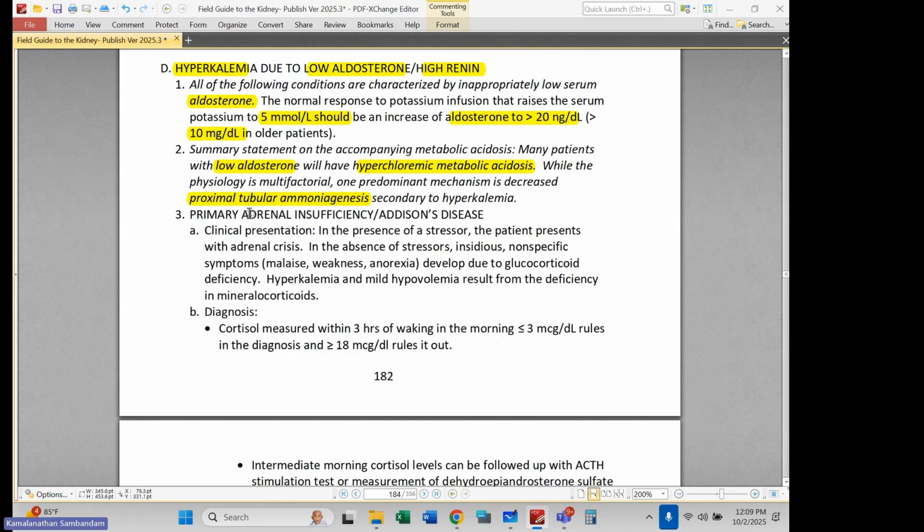Okay, moving on to specific causes, we might find not uncommonly primary adrenal insufficiency. You'll recall, if it's primary, that you have a defect not just in aldosterone, but in glucocorticoid release as well. And so the diagnosis relies on interrogating glucocorticoid secretion. Okay.